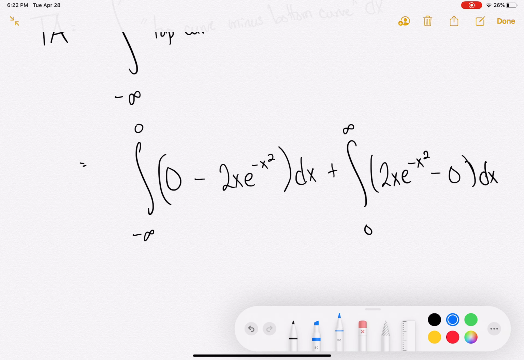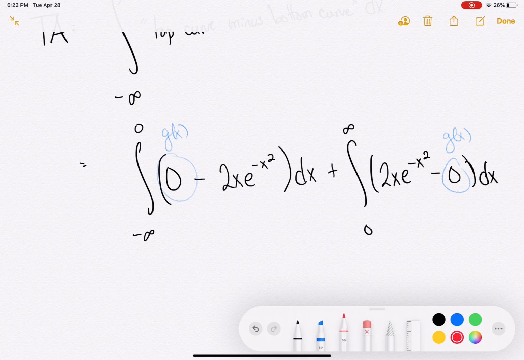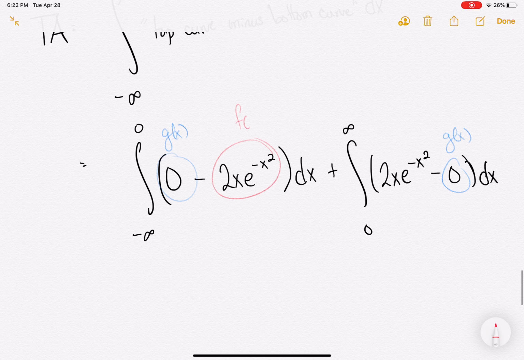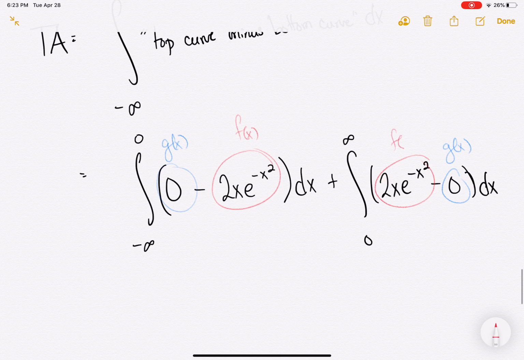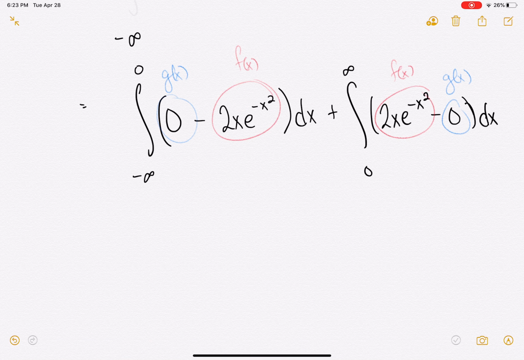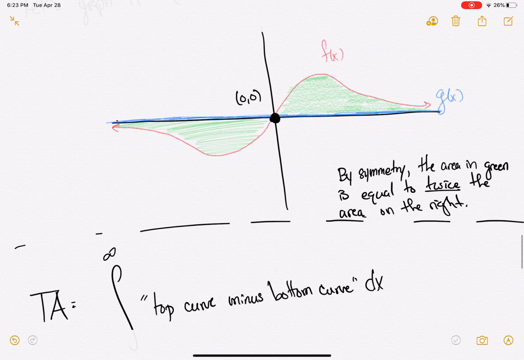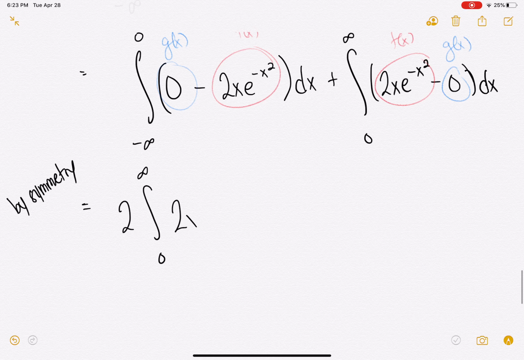And if you've already forgotten, g of x I did in red, f of x in the other color. And then what I was saying earlier, the part that I like is by symmetry. This is 2 times the integral from 0 to infinity, just the part on the right. So the part on the right is the second term, 2x e to the minus x squared dx.